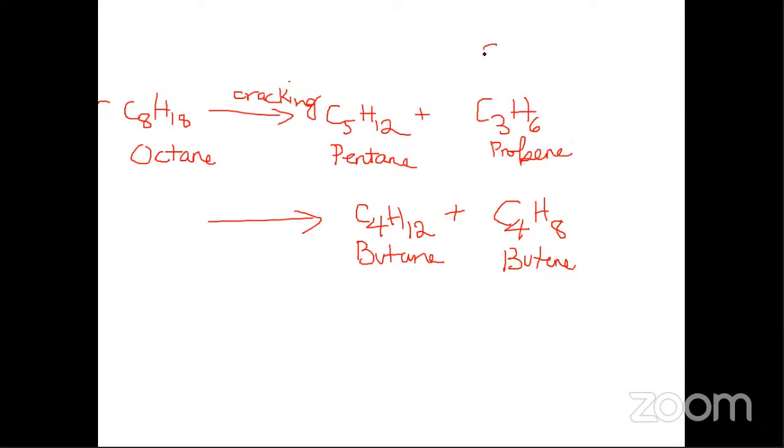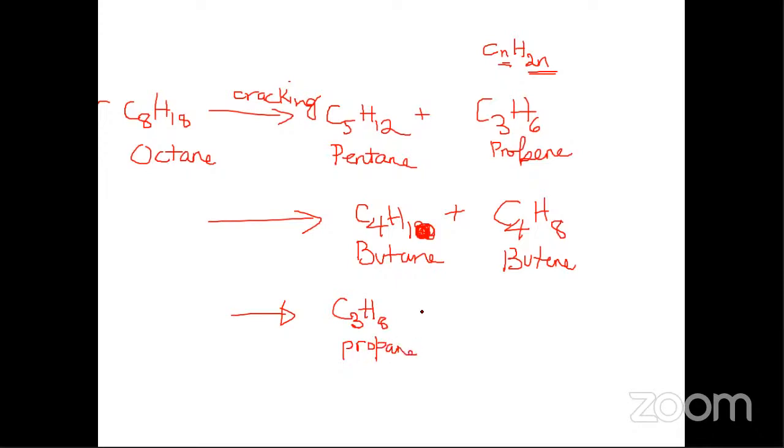C4H8. Remember the general formula for alkenes, CnH2n. So however many carbons you have, you just double the number for hydrogens. Let's do one last one. Sorry, it's C4H10. So 10 plus 8 is 18. Yes, it must add up. It's not magic. So whatever you start with, you must end with.